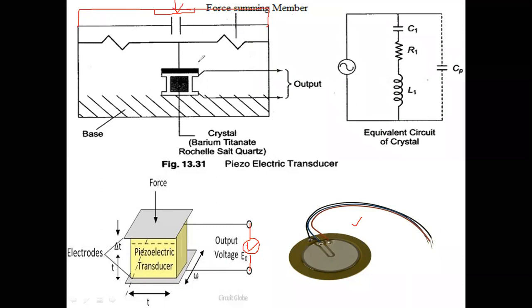By this pressure port, force is exerted upon this piezoelectric material, deformation will take place in the piezoelectric material, and after that I can acquire the change in the output voltage.